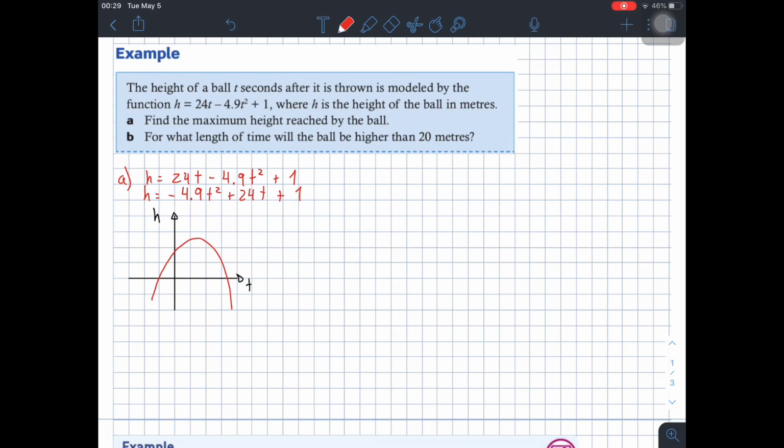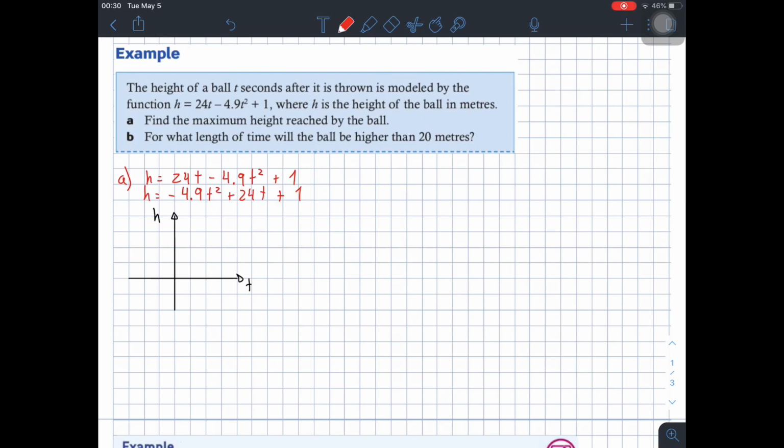Because we're talking about time and height, we should begin our time at 0, right? And you see that if we replace time with 0, we're gonna get the initial height of the object, which would be 1, which is the y-intercept, right?